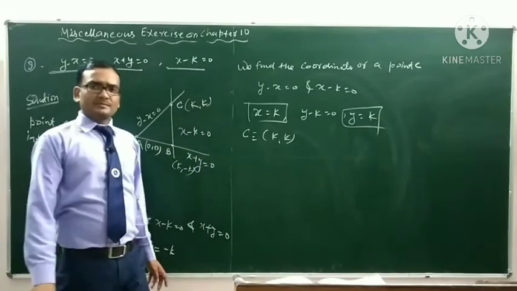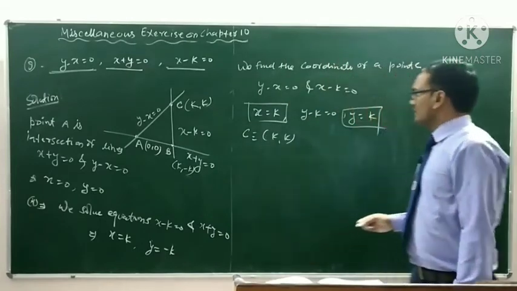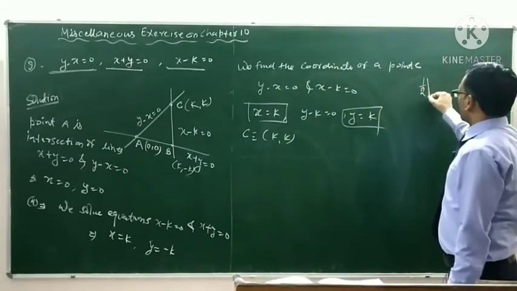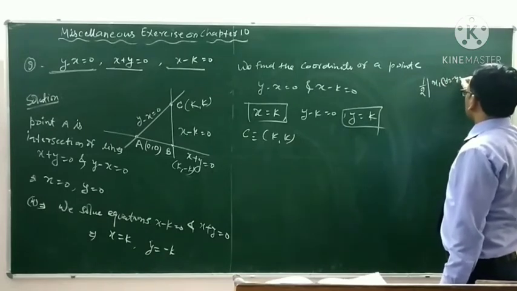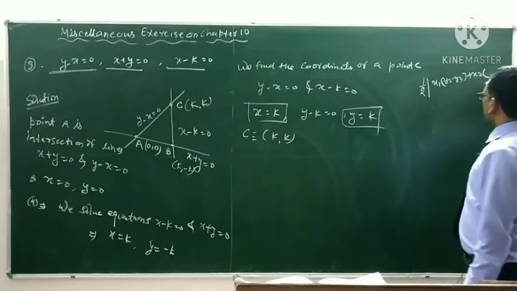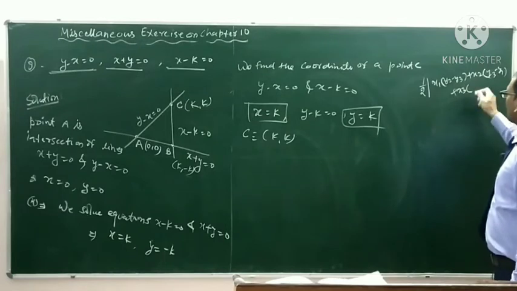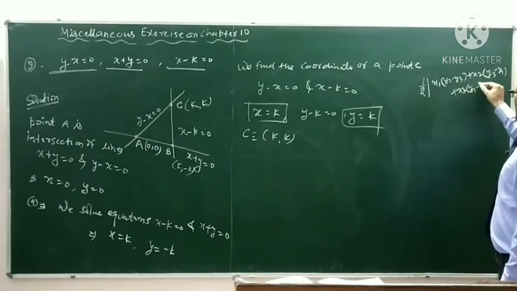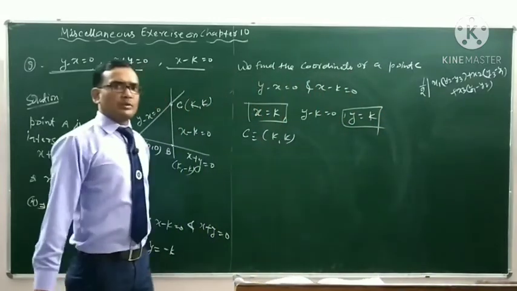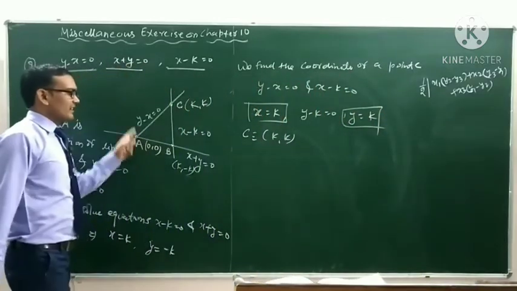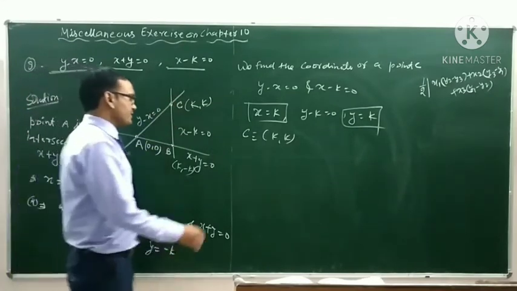We find the area of the triangle ABC using the formula 1 by 2 mod of x1 into y2 minus y3 plus x2 into y3 minus y1 plus x3 into y1 minus y2. Using this formula, we find the area of the triangle ABC.